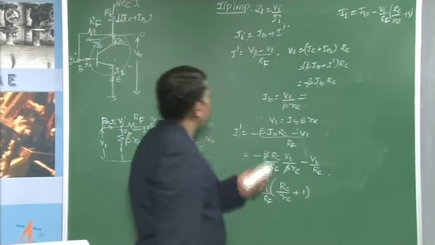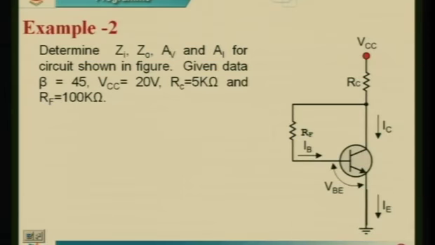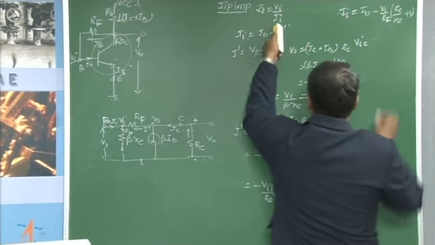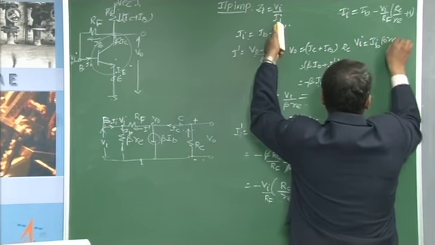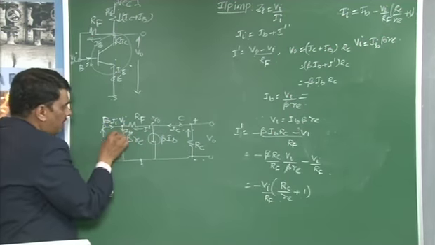These are correct. Then, applying KVL to this circuit, Vi is equal to Ib times beta Re. Vi is the voltage across the total current given by this.